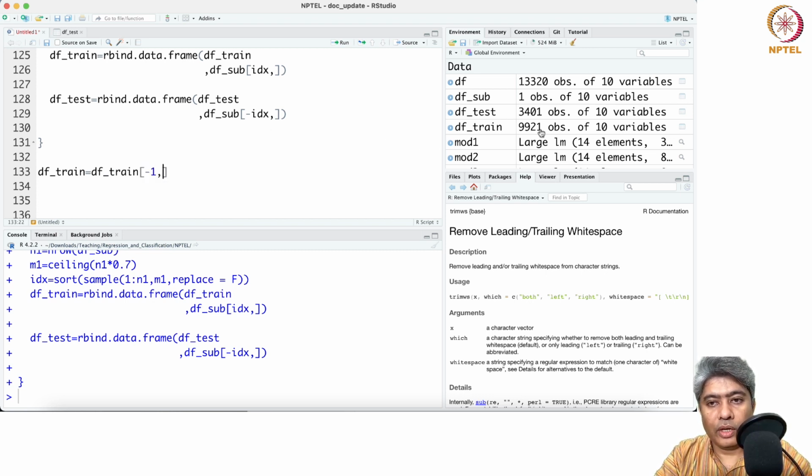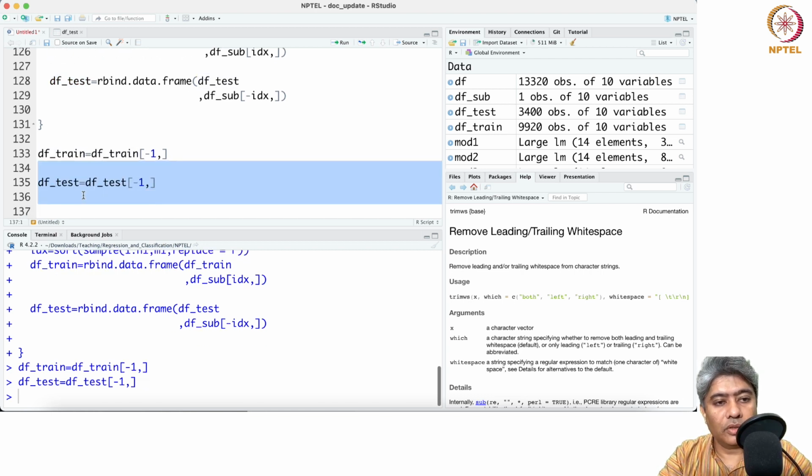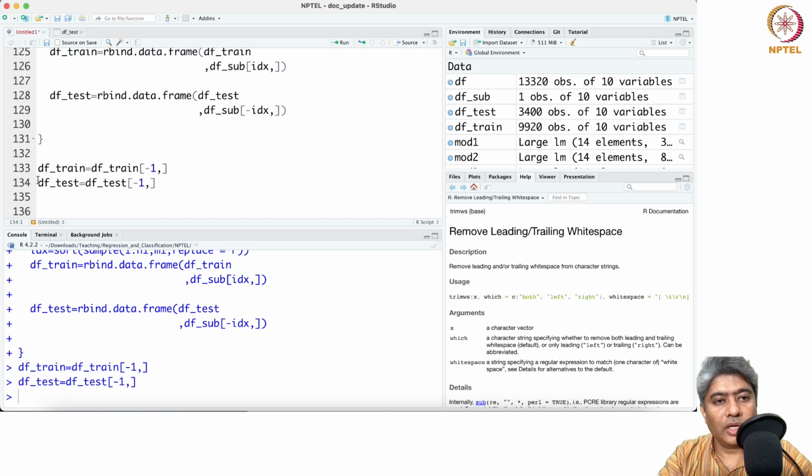So I have 9,921. Now it is 9,920, because remember that the first row I want to drop, right? I want to drop the first row, and similarly in df test I want to drop the first row. So now my things are ready.